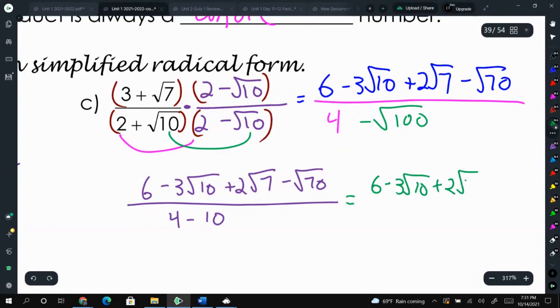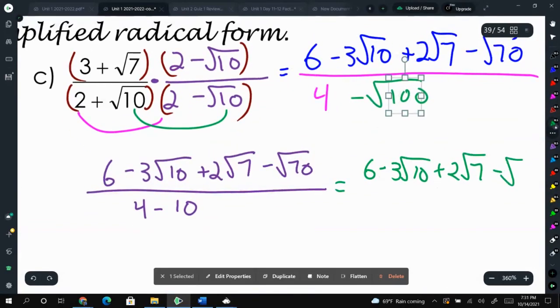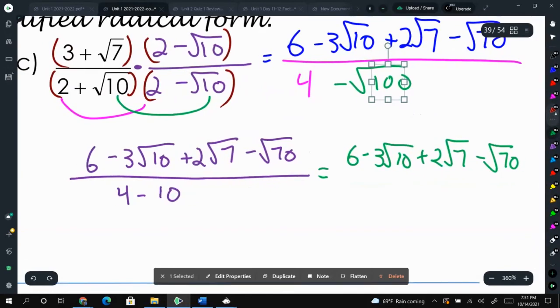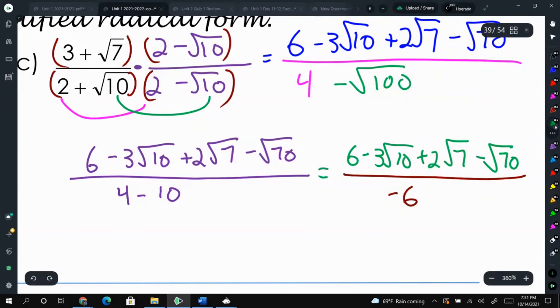So here we go on the top. And then on the bottom, we get -6. So this would be our final answer.